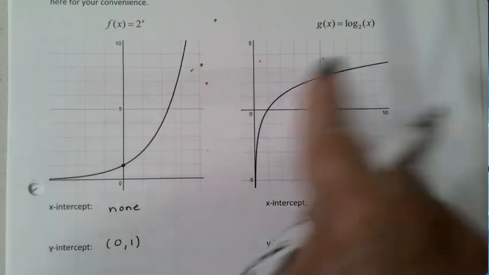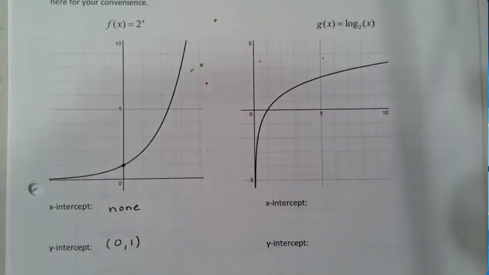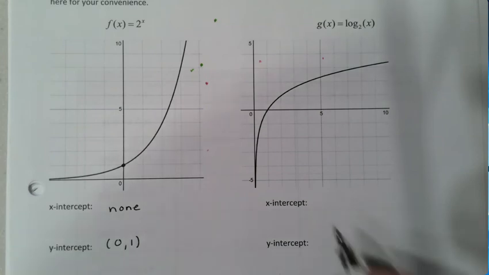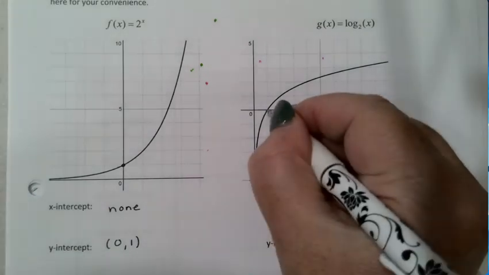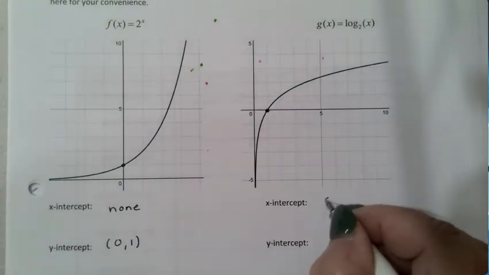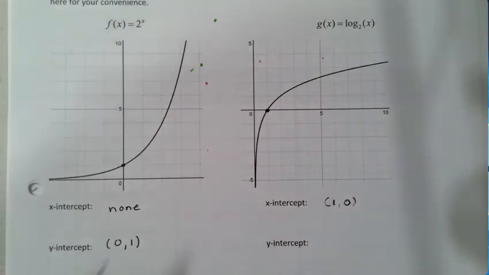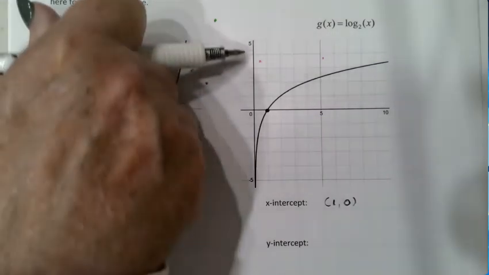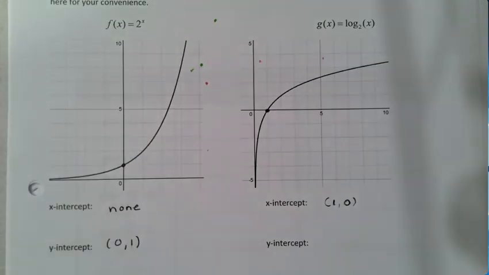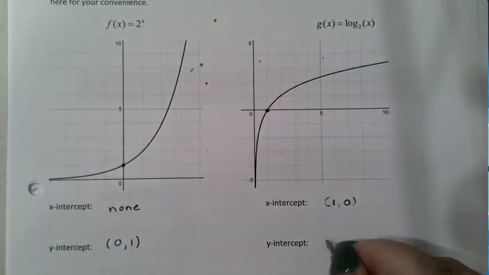How does that compare to the inverse function, the logarithm base 2 of x? Well, my x-intercept crosses the x-axis right there at 1, 0. And this graph never crosses the y-axis. It gets really close, but it doesn't touch it, doesn't cross it.